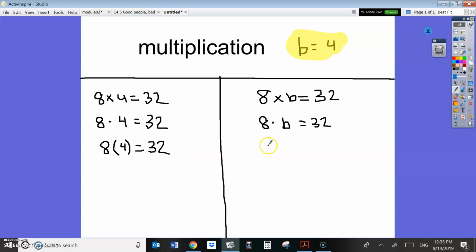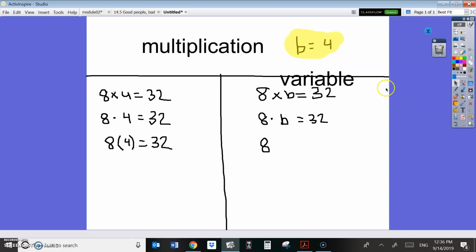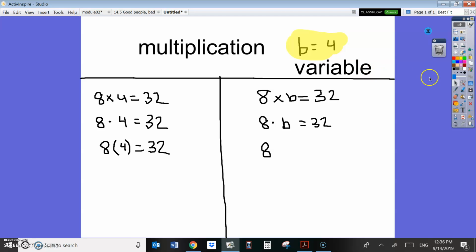Parentheses work also when you have a variable. This is a variable, by the way. It's written V-A-R-I-A-B-L-E. A variable is when a letter equals a number. So b is the variable. So you could write 8 parentheses b parenthesis closes equals 32.